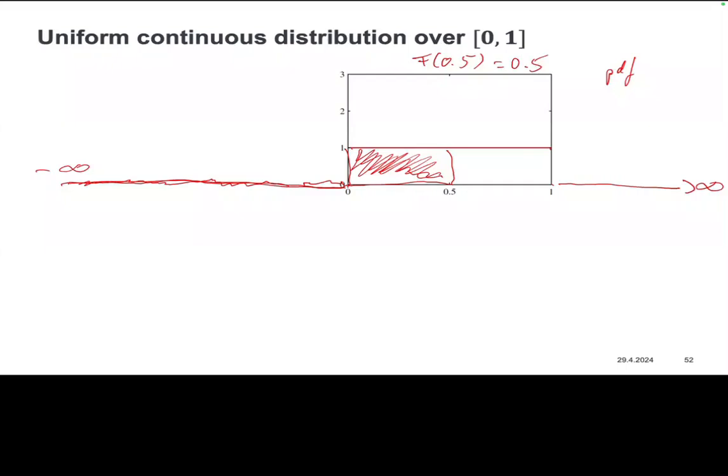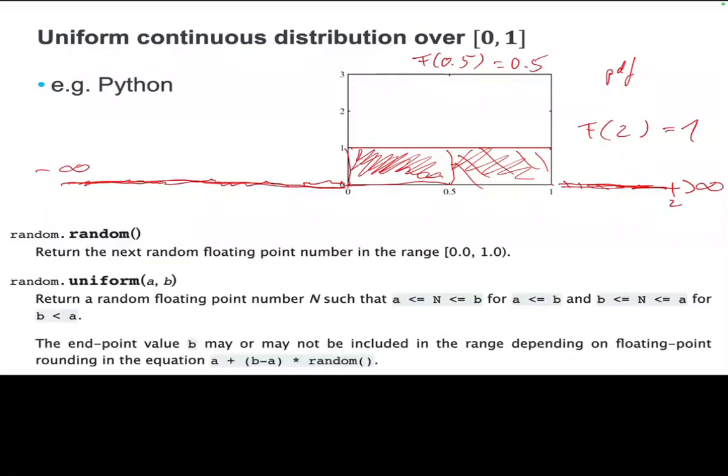Whereas if I have a value here like 2, I would continue to sum, and again here I would have 0 probability mass distributed. Here I would have another probability mass of 0.5 distributed, so overall F of 2 would have a probability mass of 1 in this uniform continuous distribution.